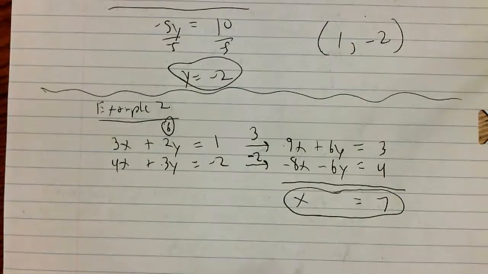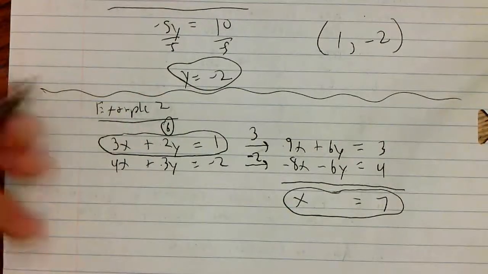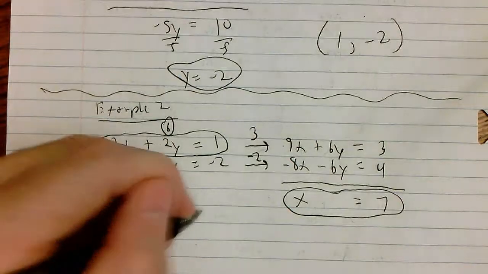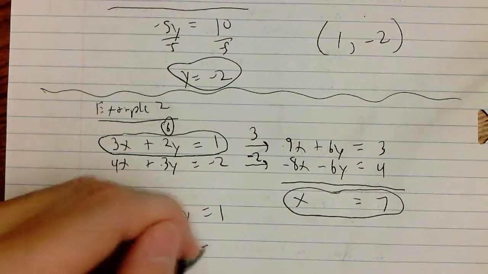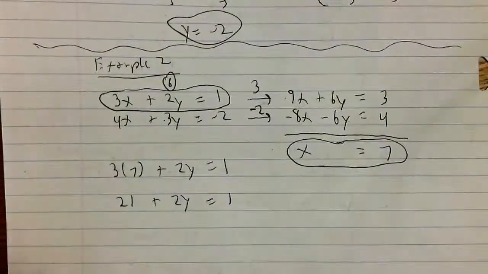Then the last step is to take that and substitute it in. I'm going to put it in the first equation. So I would have 3 times 7 plus 2y equals 1. That would be 21 plus 2y equals 1 when I multiply the 3 and the 7.